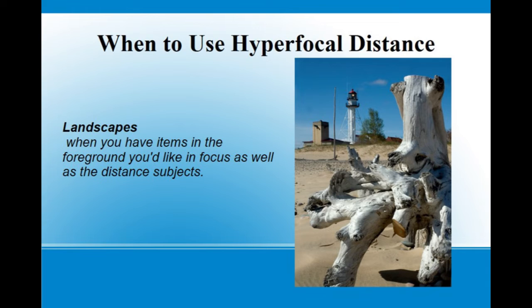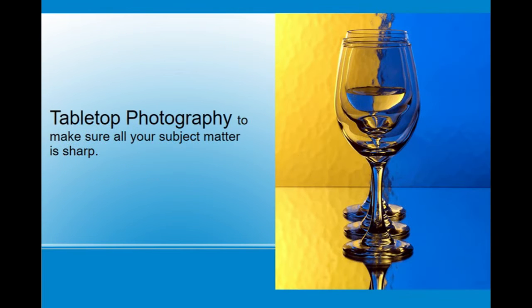But if you really want to get that huge range, that's a good time to use hyperfocal distance. It's also good, like I say, doing tabletop photography, especially if you've got a bit of depth in your subject. So, in this case, I probably would have focused on the bottom of the second glass in, kind of thing.